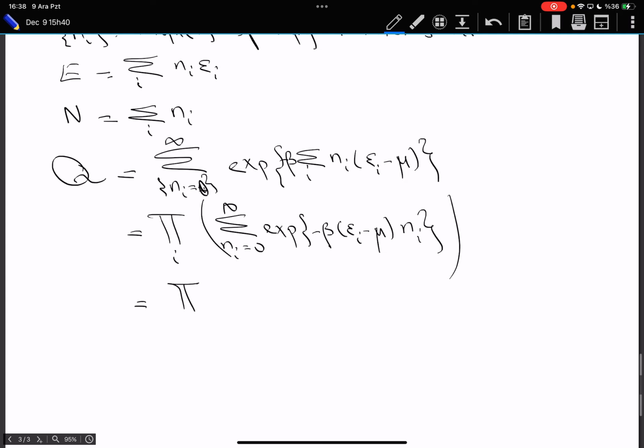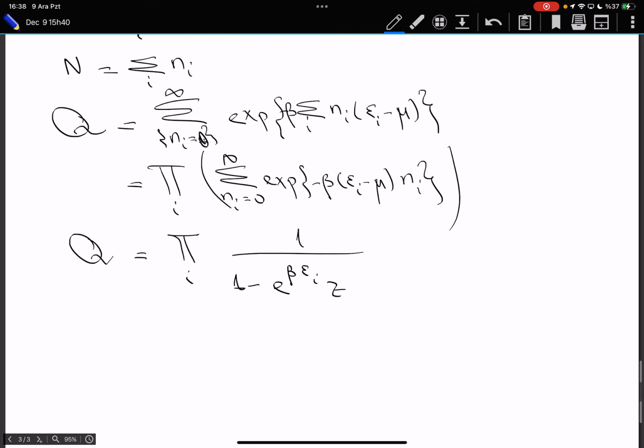Well, I can carry out that sum. It is just 1 over 1 minus Z e to the power minus beta epsilon_i.